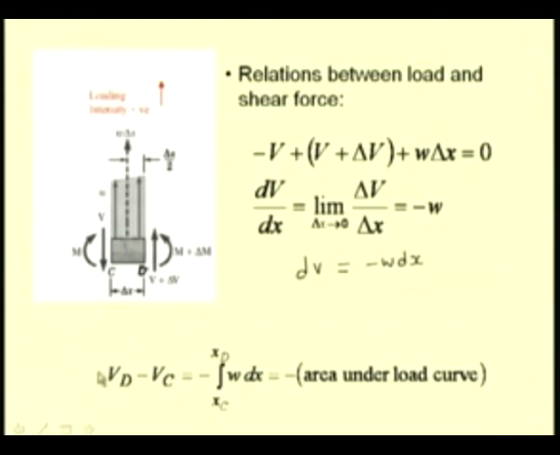So we have this relation that the change in the shear force is equal to the negative of the area under the load curve. So this property can be used to construct the shear force diagram.